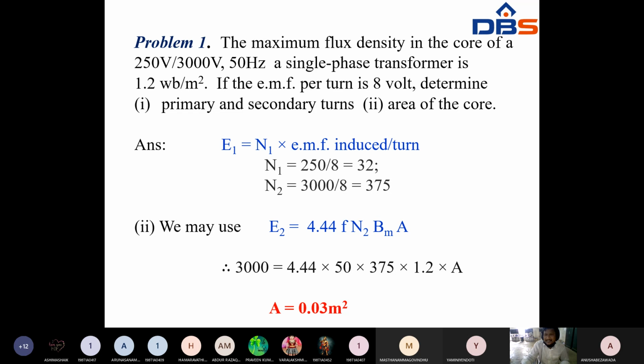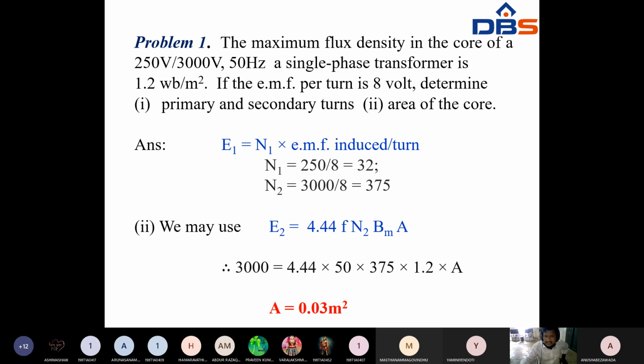And then find the area. For area, we know E1 is equal to 4.44 f N1 Bm A, otherwise E2 is equal to 4.44 f N2 Bm A. They gave the Bm value 1.2 Weber per meter square. We have already found N2 is equal to 375, f is equal to 50 Hz.